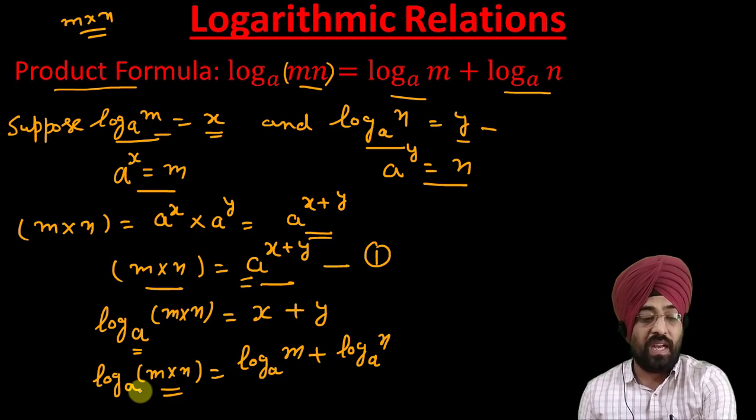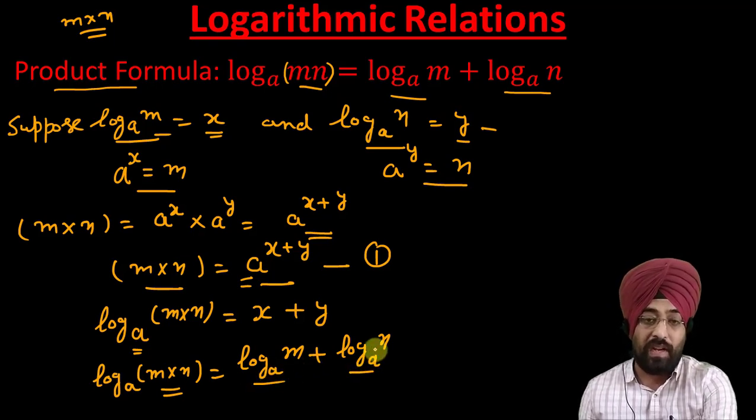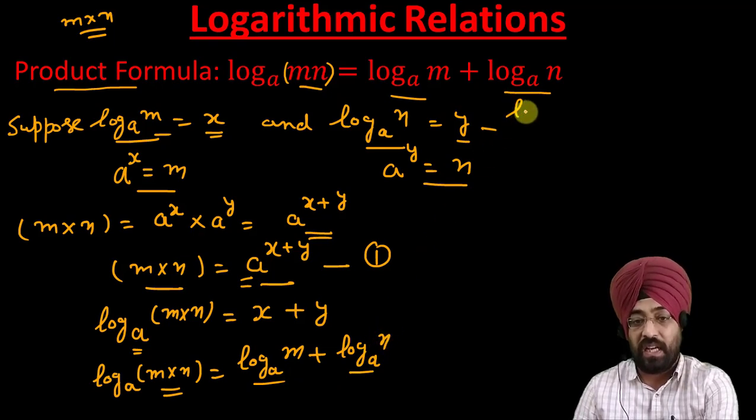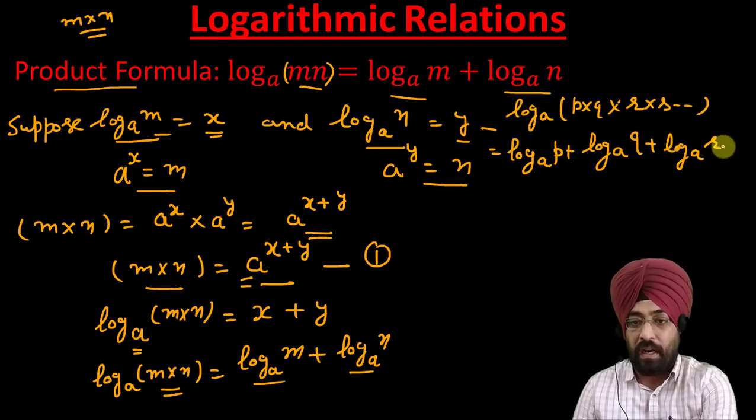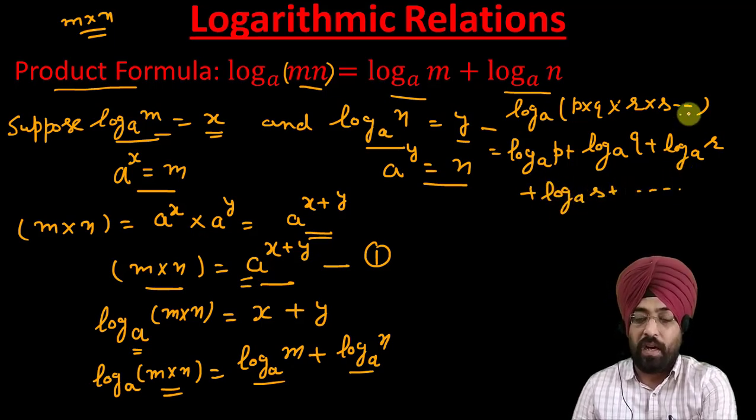It says that if we have the log of two numbers which are multiplied, then the result will be the log of each individual number, and we have to add those two values. Now from here we can find a generalization. If we have log of any numbers p, q, r, s and so on multiplied, its value will be equal to log of p plus log of q plus log of r plus log of s and so on up to all the numbers.